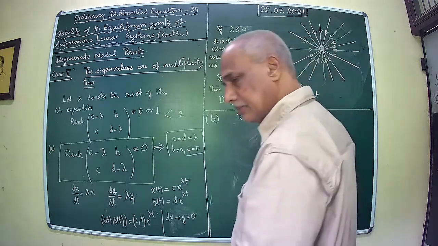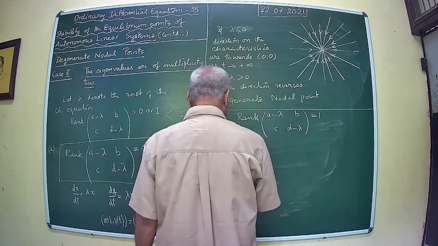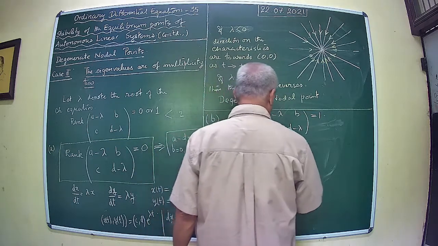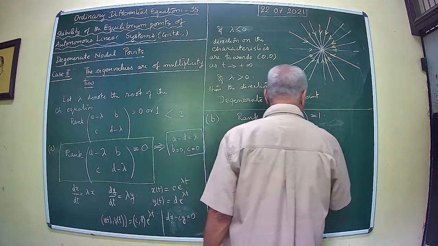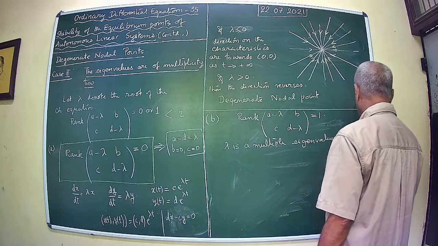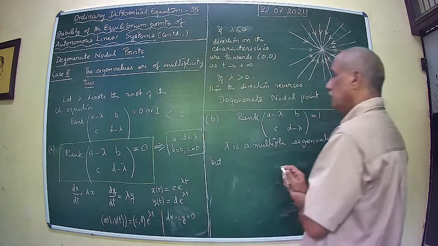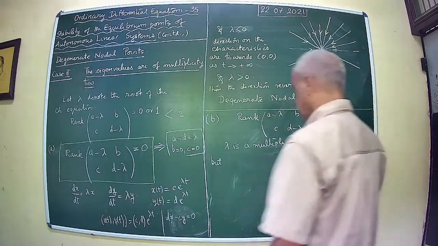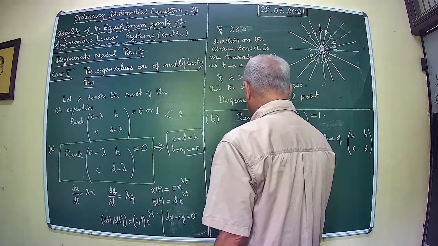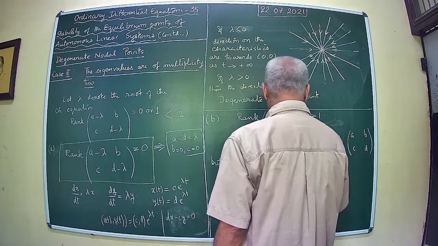Now you see that when this happens, lambda is a multiple eigenvalue but the eigenspace is of dimension 1.